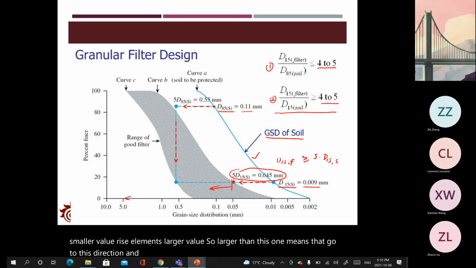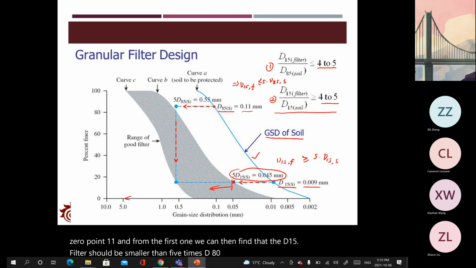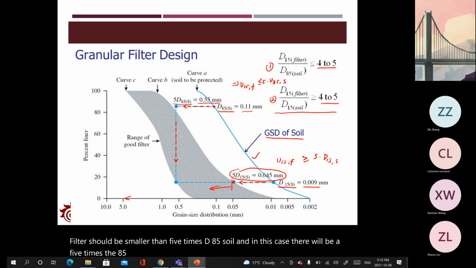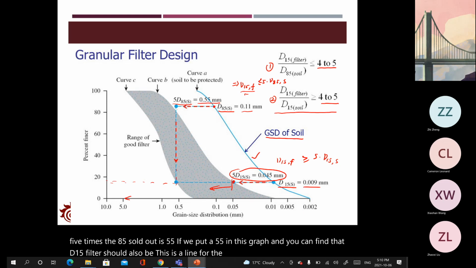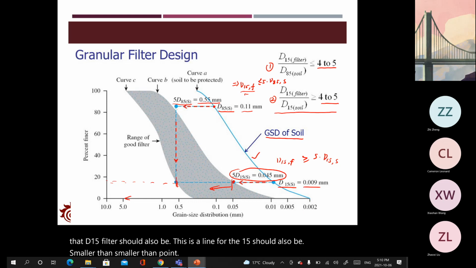We also know the value of D85 soil, which is 0.11. From the first criterion, we can find that D15 filter should be smaller than 5 times D85 soil, and in this case that is 0.55. If we put 0.55 in this graph, this is the line for the 15, D15 filter should also be smaller than 0.55, so it should be in this region.